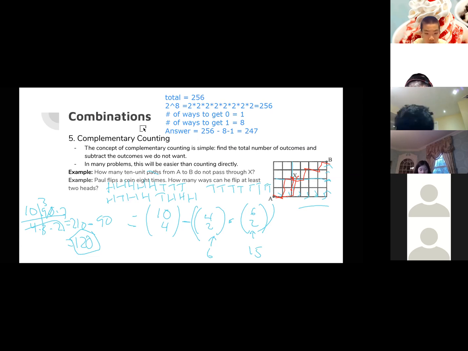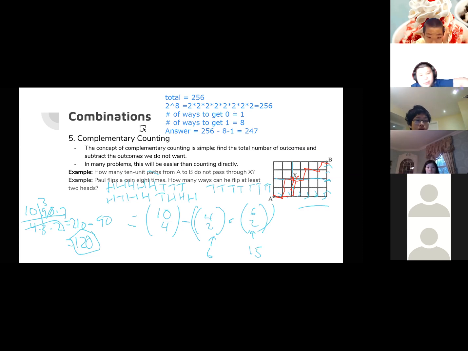I think I sort of see what you're trying to do here. You're trying to first choose 2 of the 8 to be selected as heads, and then find the other ones.